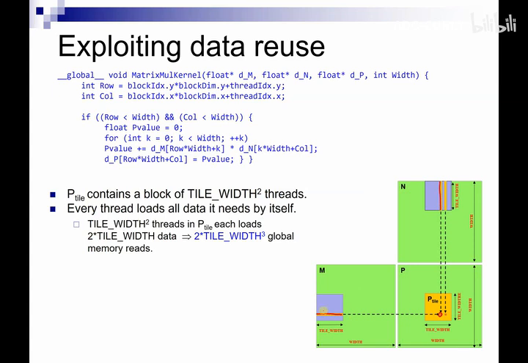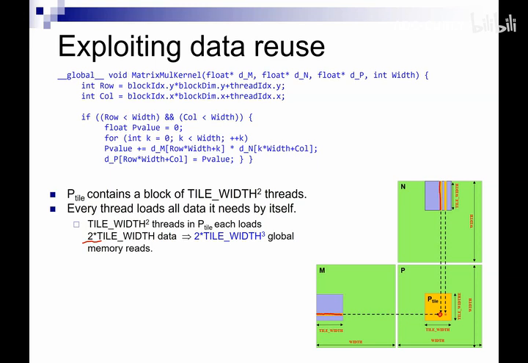If we just store M and N in global memory, each of those reads is going to be a global memory access. In fact, if the tile is tile width by tile width, then P here is doing tile width global memory accesses for M, and another tile width global memory accesses for N. So P itself is reading 2 times tile width amount of data from global memory.